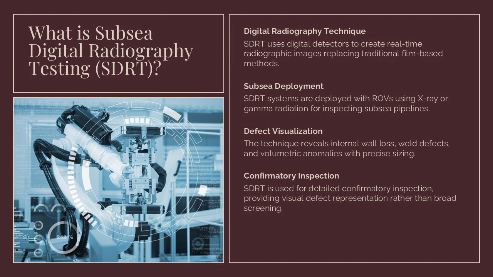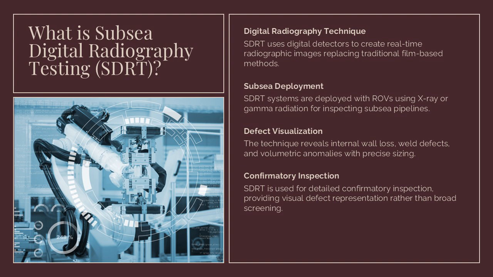The radiation passes through the pipeline and is captured by a digital detector array, producing an image that reveals internal and external wall loss, weld defects, and other volumetric anomalies. Unlike PEC, SDRT provides a visual representation of defects, enabling precise sizing and characterization. We should highlight that SDRT is fundamentally an imaging technique, making it suitable for confirmatory inspection rather than broad area screening.